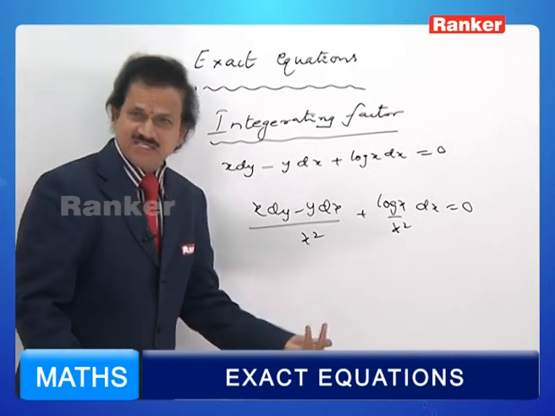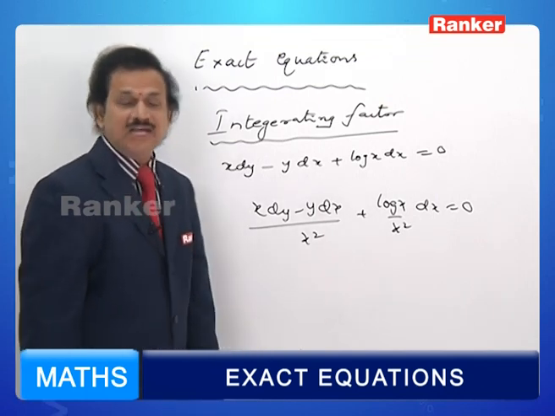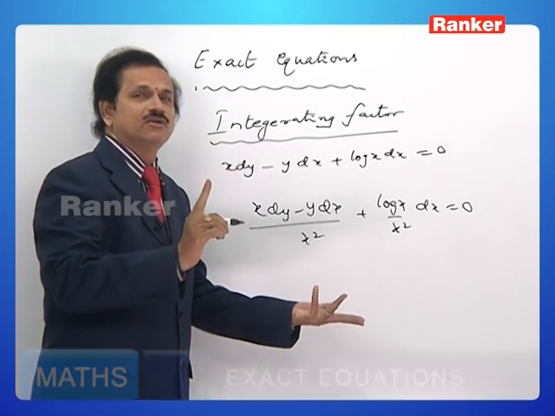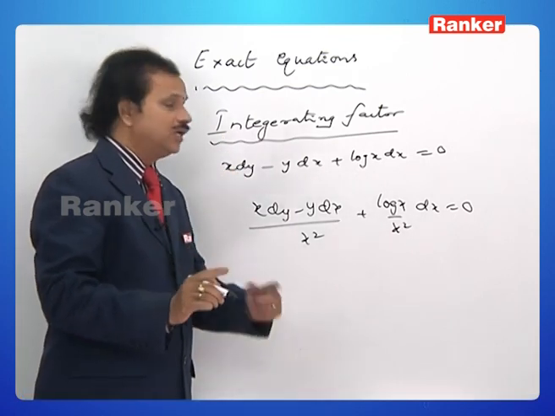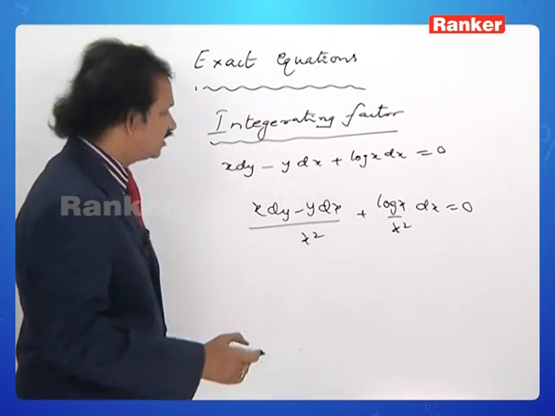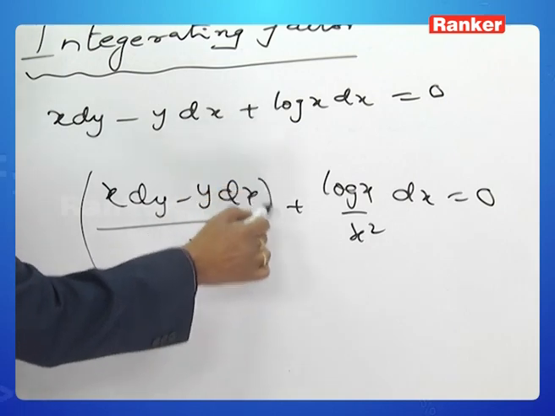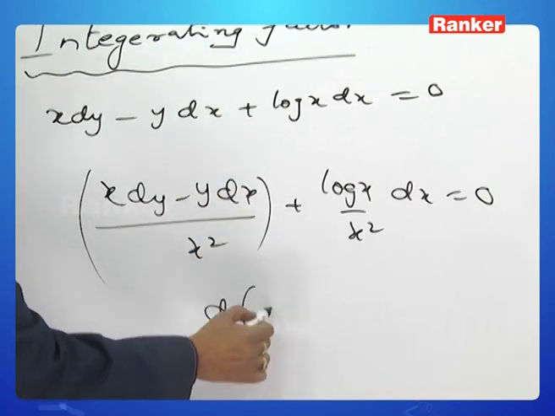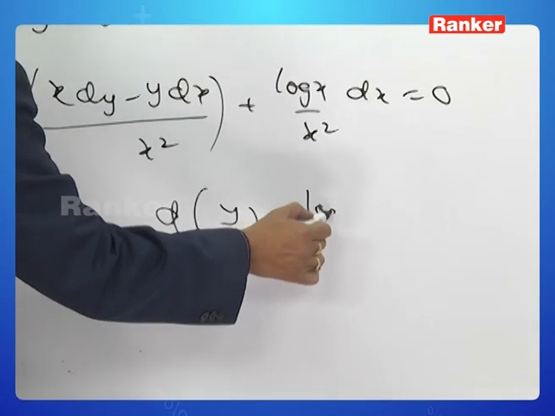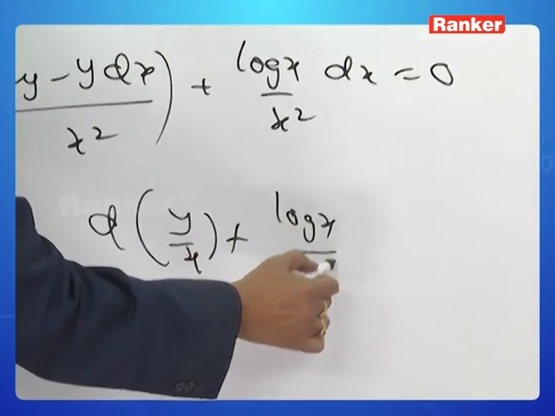Do you believe that this is exact? Without testing whether ∂M/∂y is equal to ∂N/∂x is satisfied or not, you will be in a position to say that this is exact. Why? Because you observe this one. It is nothing but d of (y by x) plus log x by x square dx.